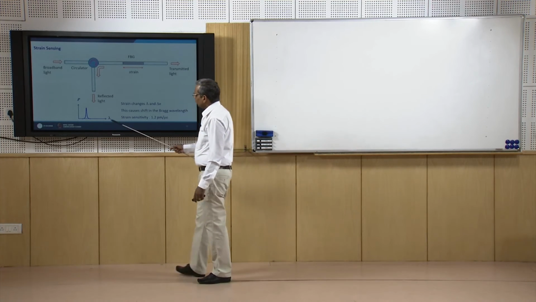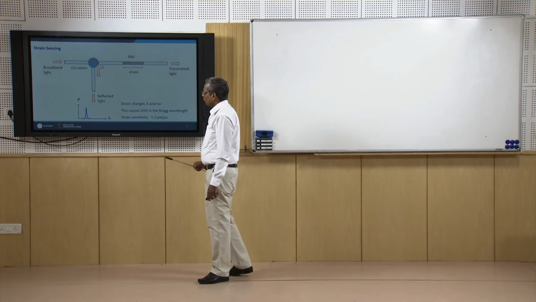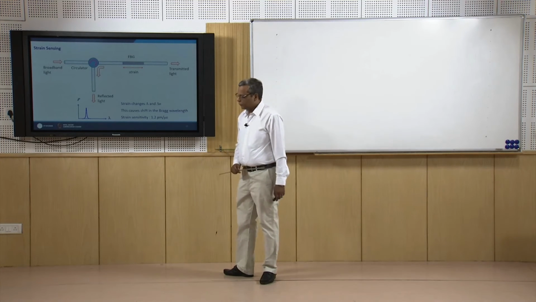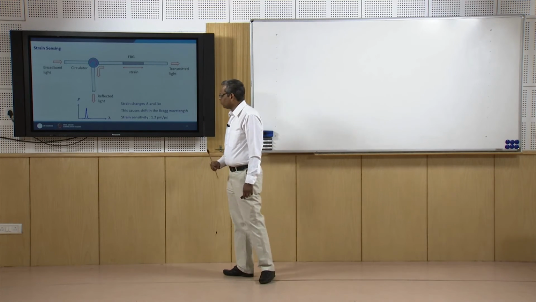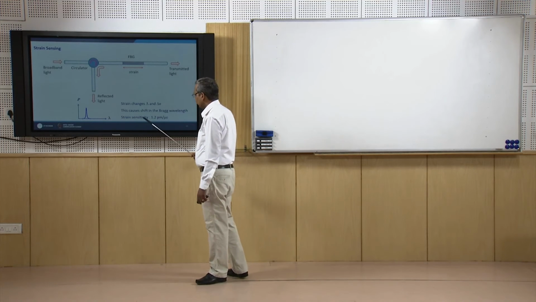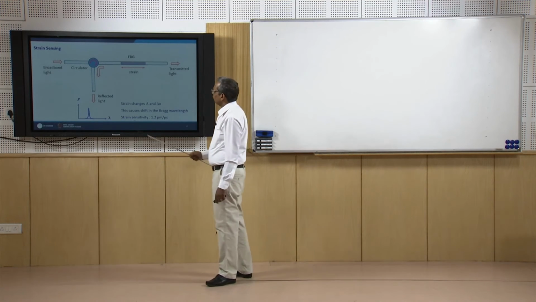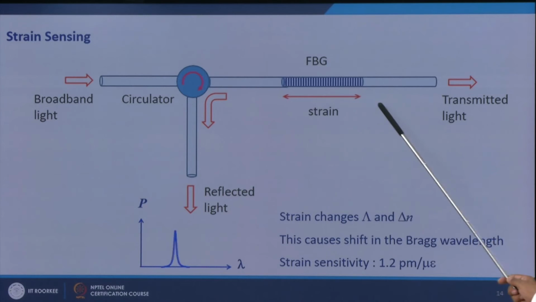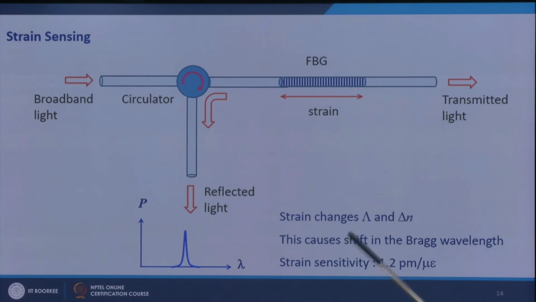So, there would be a shift in Bragg wavelength, and if I measure the shift in the Bragg wavelength, then that can give me an estimate of strain. So, this is how it works. If I apply the strain, the Bragg wavelength will shift. Typical strain sensitivity that can be obtained using these Bragg gratings is 1.2 picometer per microepsilon.